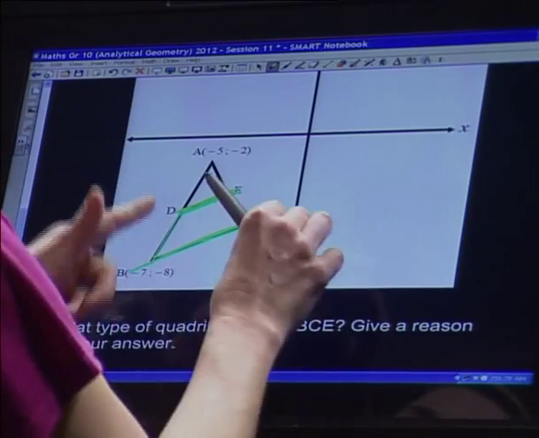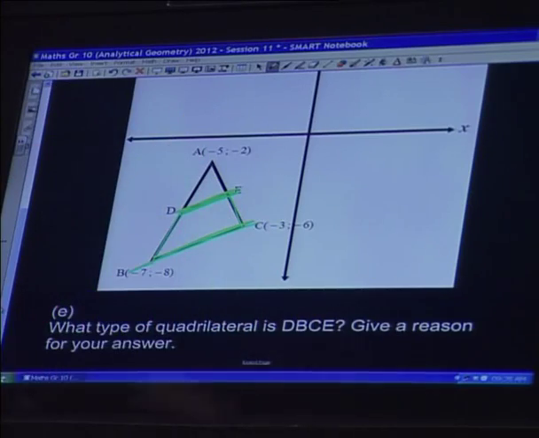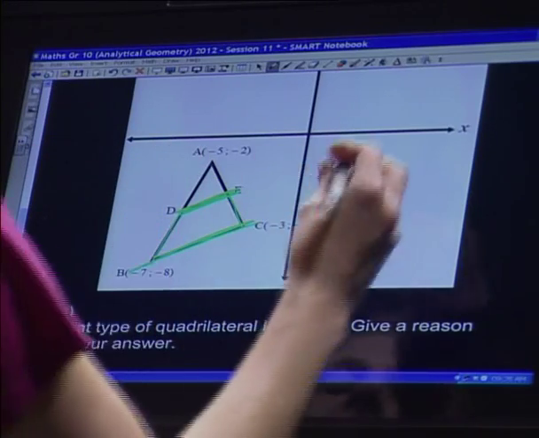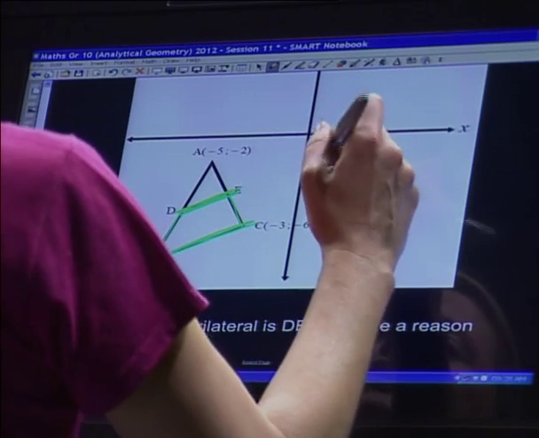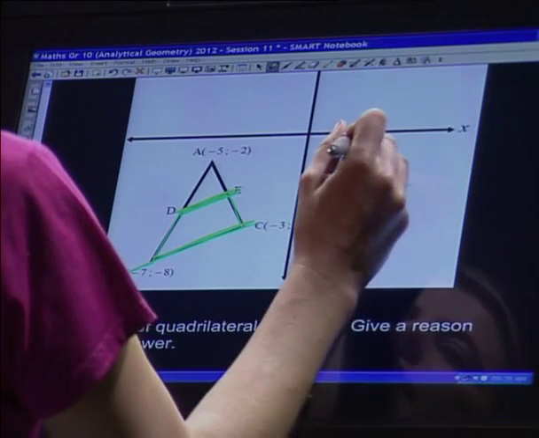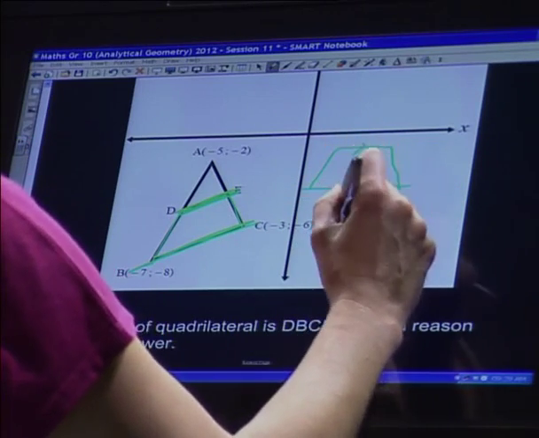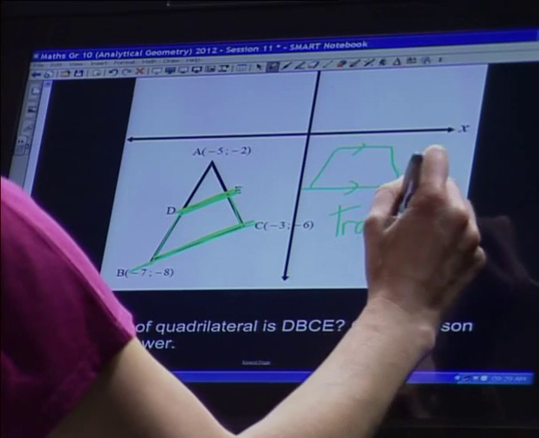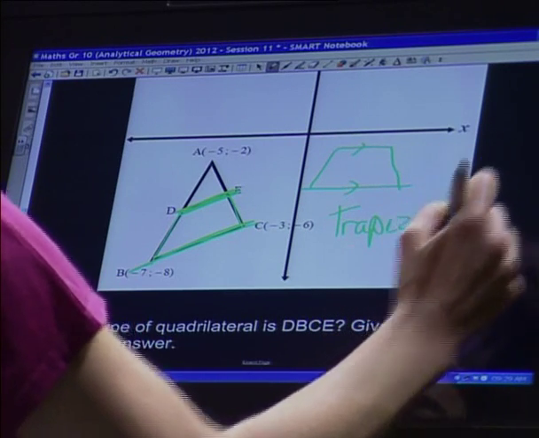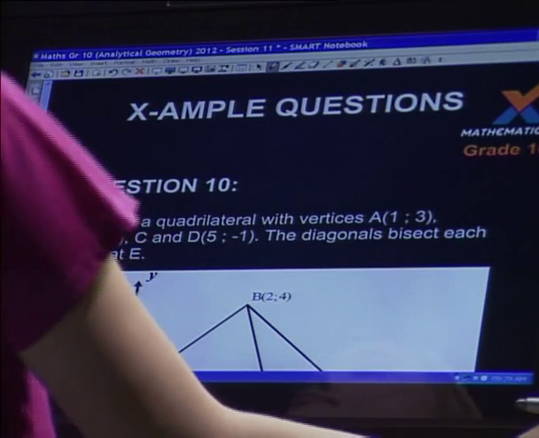These sides definitely aren't parallel because, in fact, they meet over there at A. It also doesn't look like any other sides are equal in length. So a quadrilateral that has one pair of opposite sides parallel is called a trapezium. So I can say that DBCE is a trapezium.